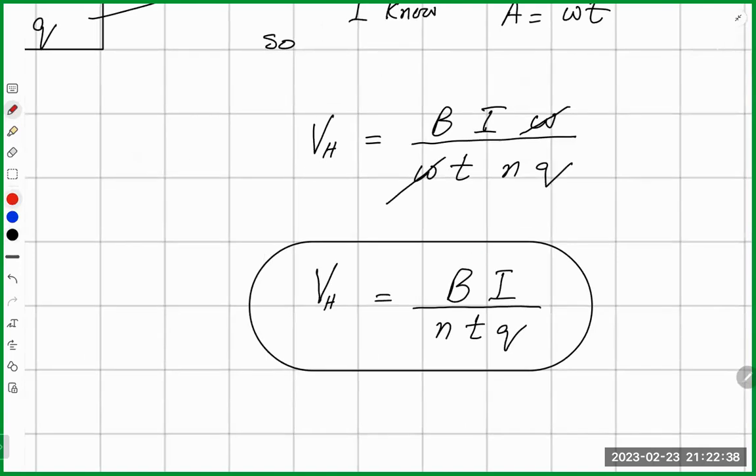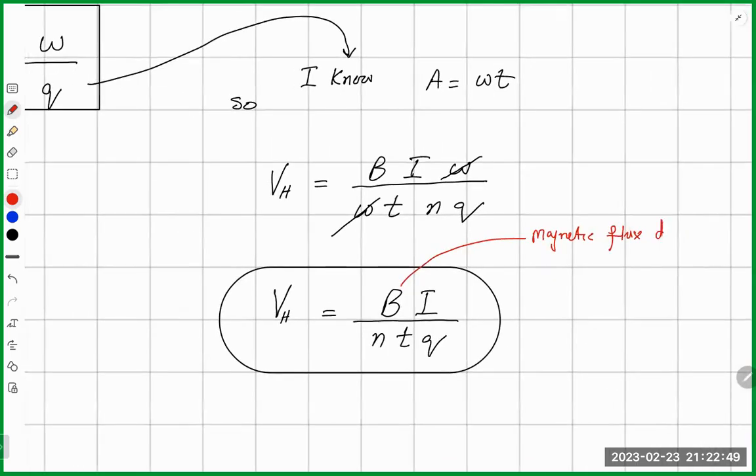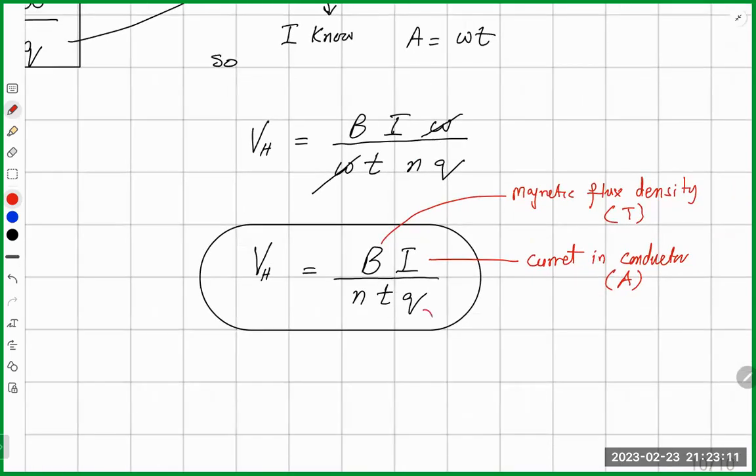Remember, B is magnetic flux density and is measured in Tesla. I is current in the conductor, measured in amperes. Q is the charge on each particle.